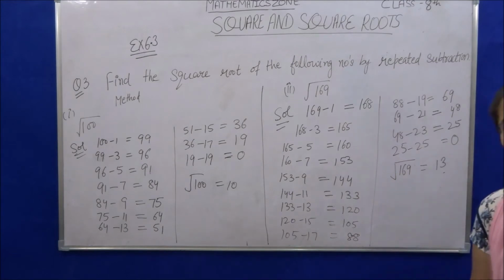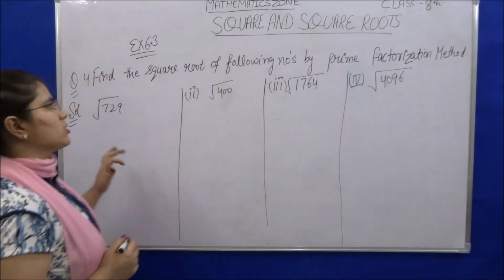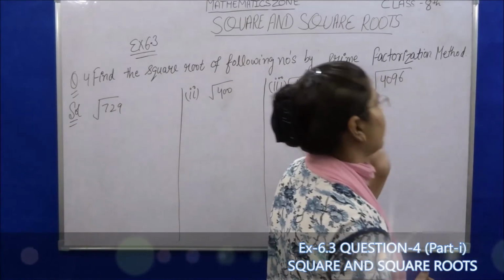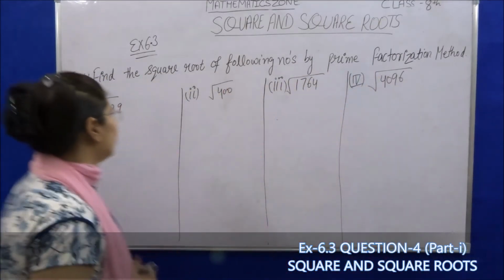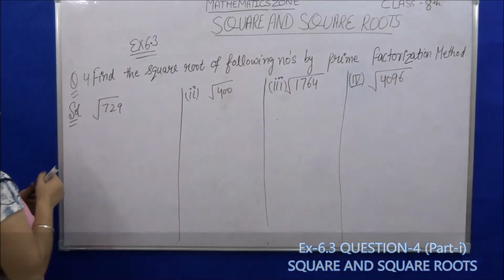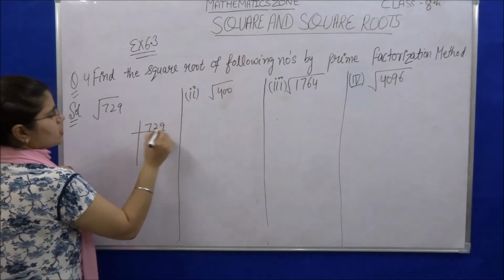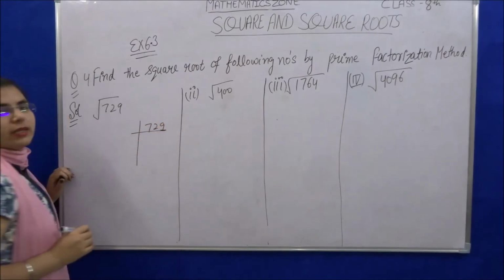So this is all about this method. Now let's do the next question. Find the square root of the following numbers by prime factorization method. So for that, under root of 729. First of all, our unit digit is 9.